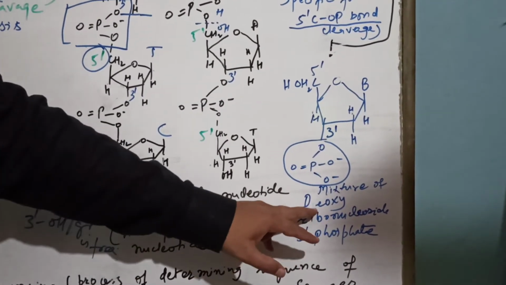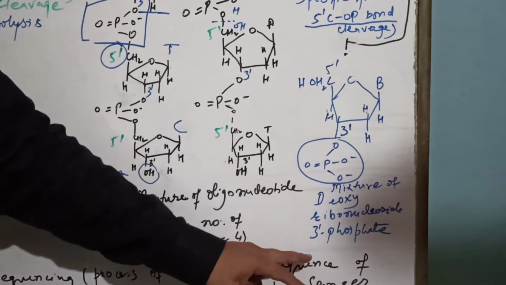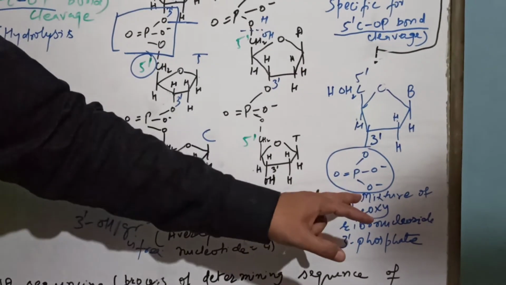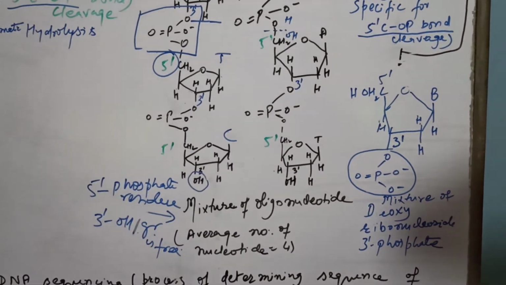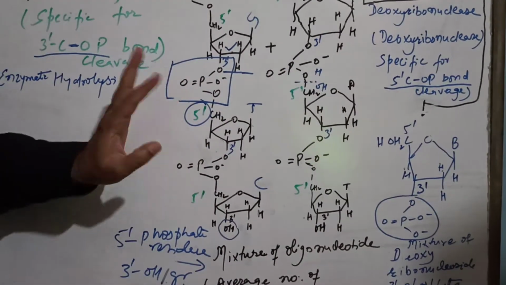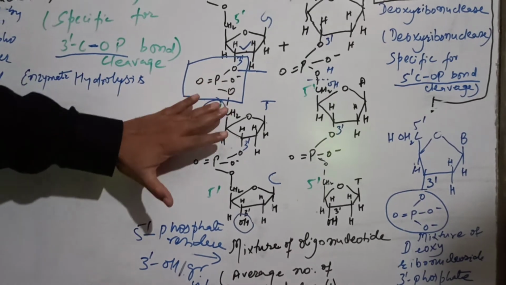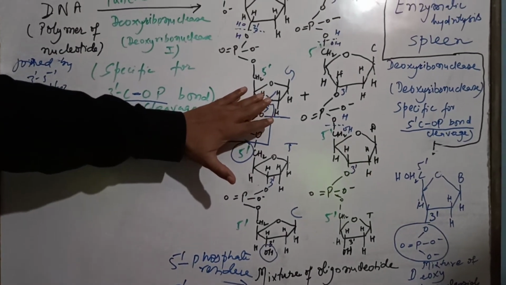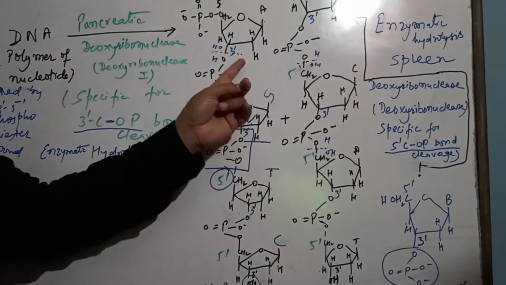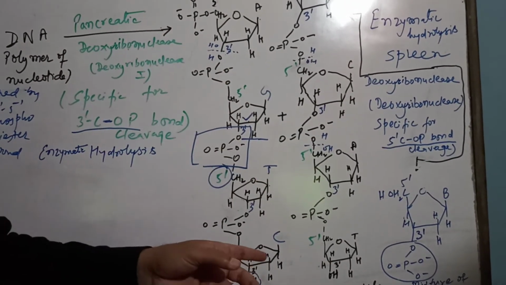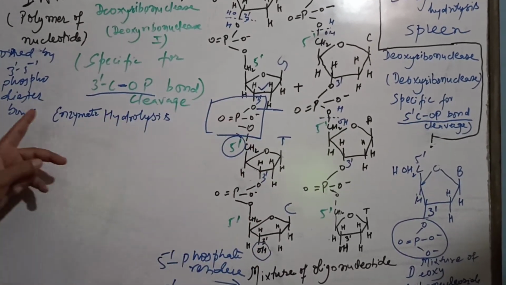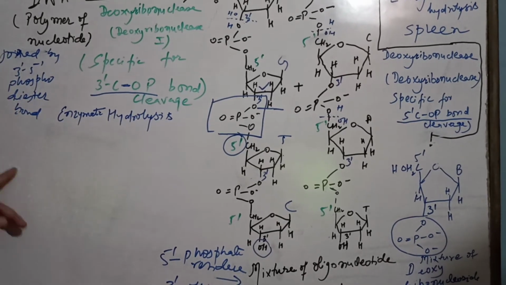You just learn it as deoxyribonucleoside 3 prime phosphate, because at the 3 prime position a free phosphate group will be there after these two hydrolyses. When you correlate these two, you confirm that the deoxyribonucleotide monomeric units in DNA are joined by 3 prime 5 prime phosphodiester bonds.